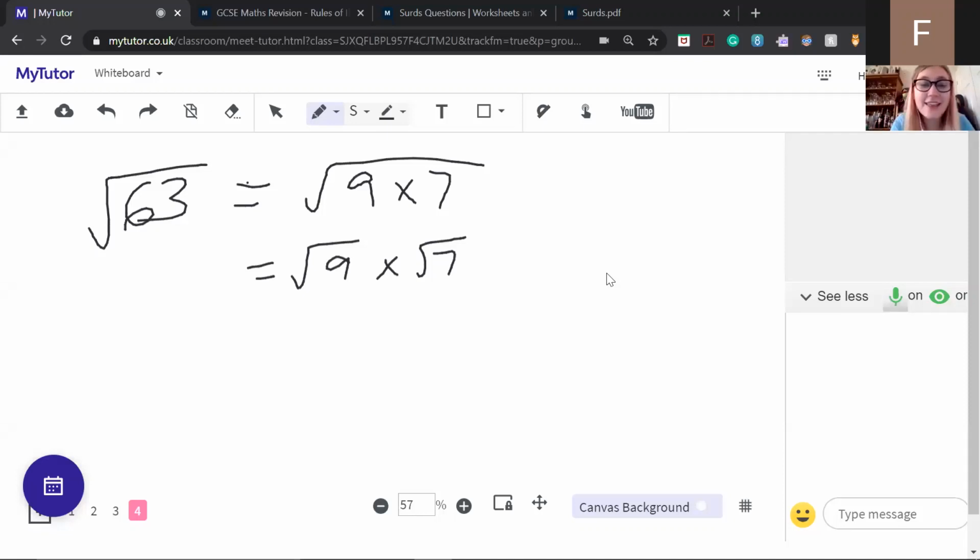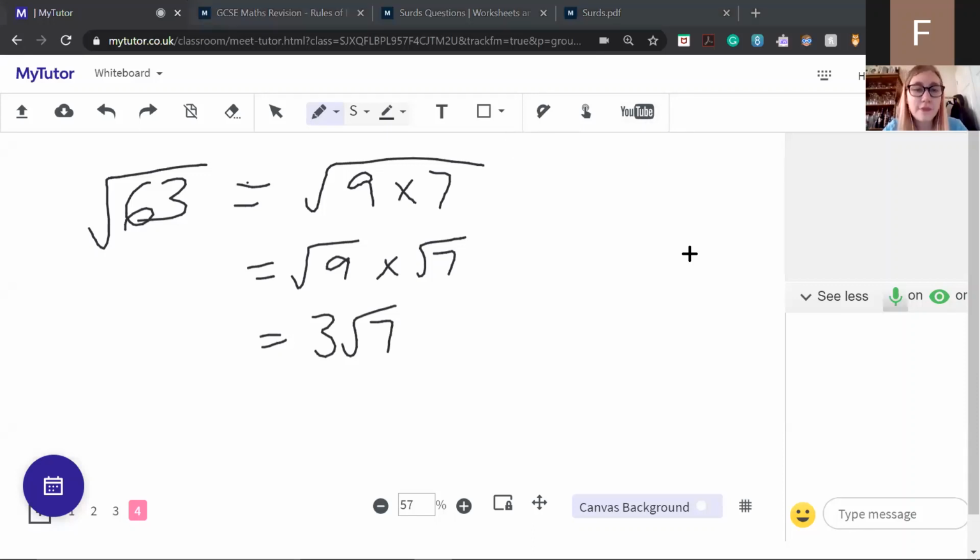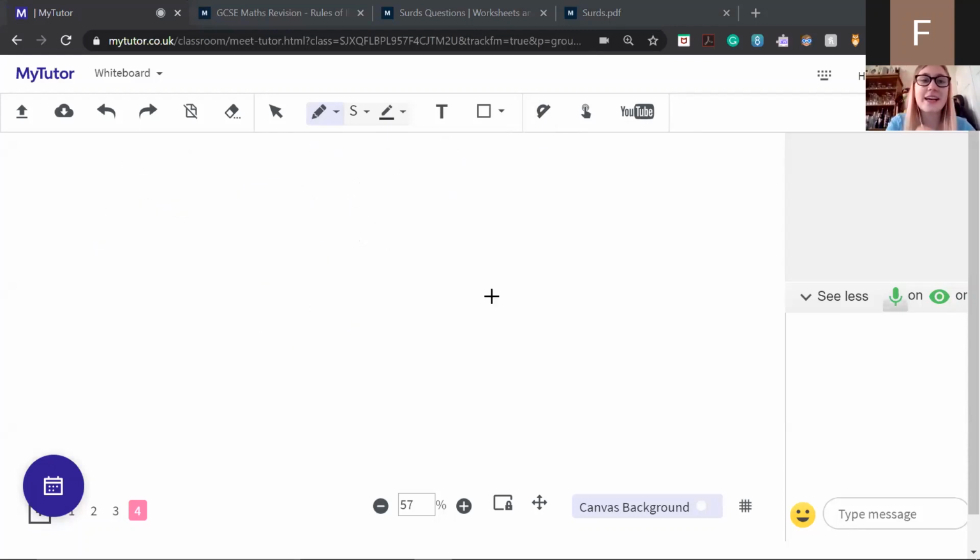Whereas if we write it like this, we can write it as 3 root 7. So hopefully that makes sense. And again, hopefully this will make more sense as we go through, because we've got 10 minutes before questions, and I'll go on to rationalizing the denominator now.